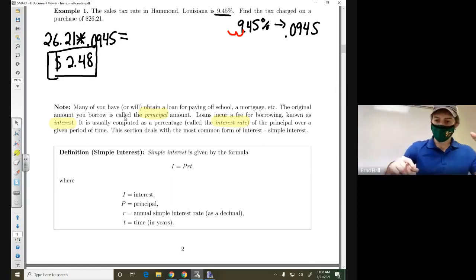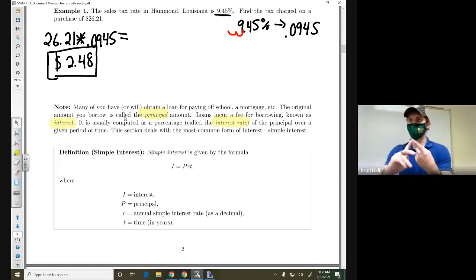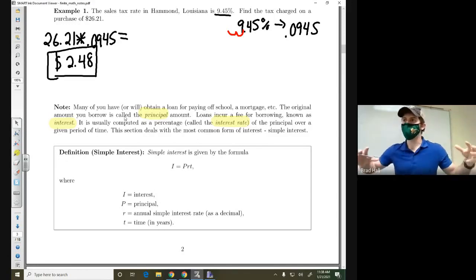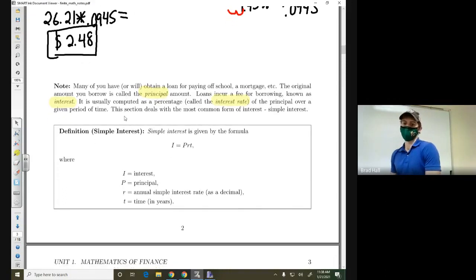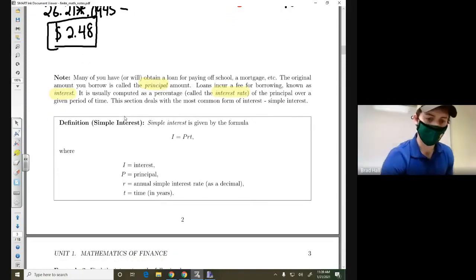And so we bring all of that together. Now we have the principal, first letter P, interest, first letter I, interest rate. Well, I is already taken, so we're going to use R. And now we can bring that into a nice formula. Now we have some nice refined terms to categorize a formula out of.